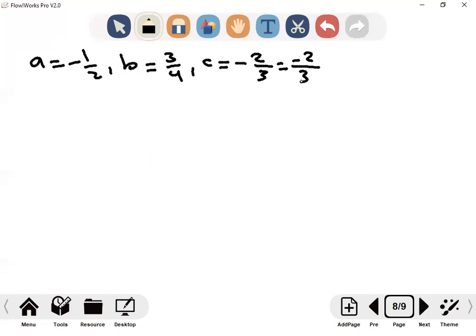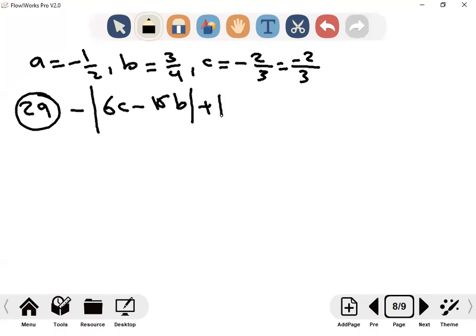Question 29, we have negative 6c minus 16b plus 1. Focus with me. Negative 6 times c. How much is c? Negative 2 over 3, right? Minus 16 times b.